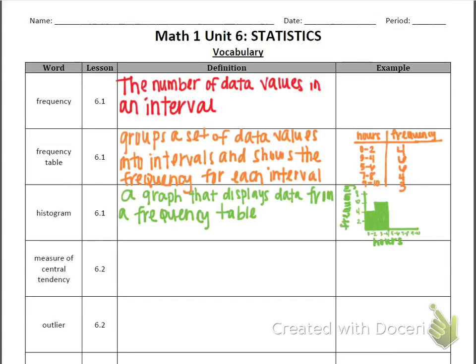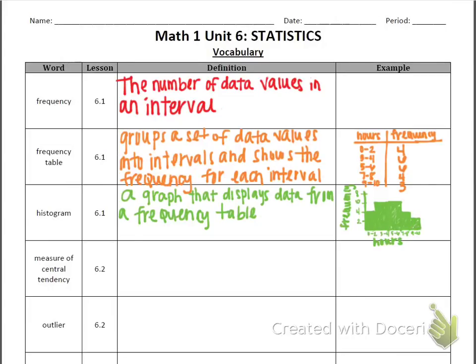How many students were on the 5 to 6 interval? Also 6. What about 7 to 8? 4. And on the 8 to 9 interval, 3. So it's going to be halfway between the 2 and the 4.